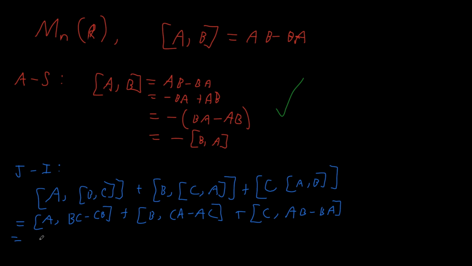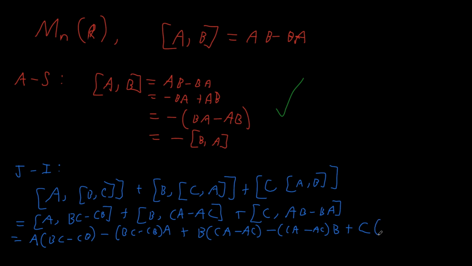And so we get A multiplied by BC minus CB, minus BC minus CB times A, plus B bracketed with CA minus AC, minus CA minus AC times B, plus C multiplied by AB minus BA, minus AB minus BA times C. Okay, it's just in there.